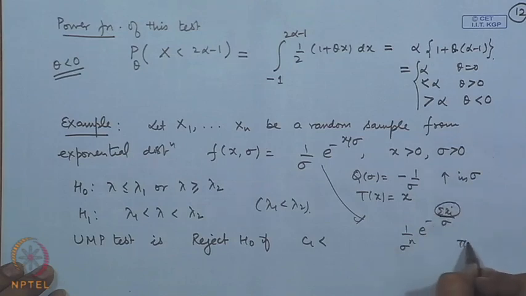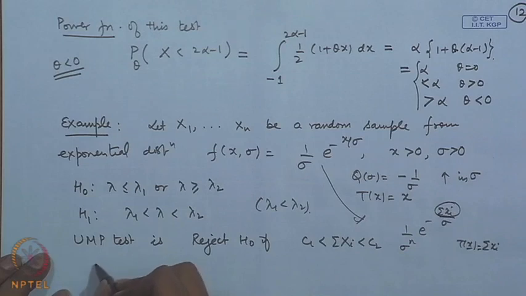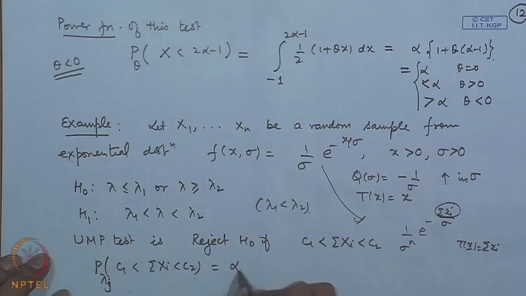So, T of x then in that case will become equal to sum x i. So, we will get C 1 less than sum x i less than C 2, where the probability of C 1 less than sum x i less than C 2 when lambda 1 or lambda 2 is true is equal to alpha, that is, for j equal to 1, 2.